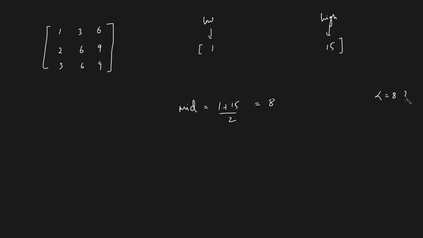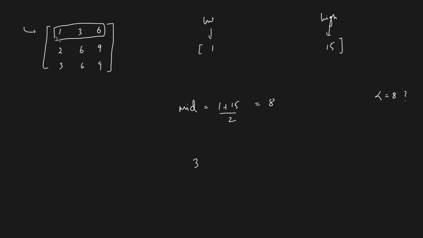So what you can do is go over this matrix row-wise, and try to figure out in each particular row how many are lesser than equal to 8. So I can say in this particular row, there are three elements that are lesser than equal to 8, and this can be easily done using binary search. I'll tell you that method once I've explained this portion of binary search, and then I'll explain how to figure out how many are lesser than equal to 8 in a particular array.